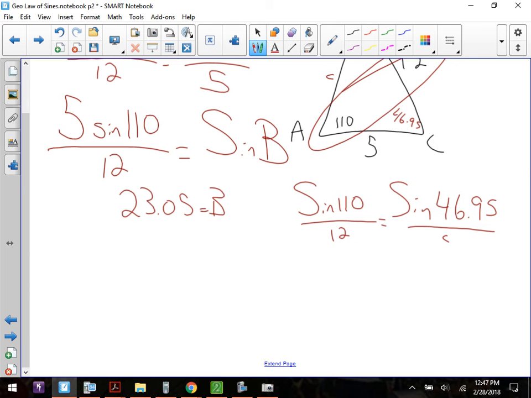When you're trying to find a side length, you do in fact have to cross multiply everything to make it work. And then once again, we wrote out what we're going to press in the calculator before we press it in the calculator.